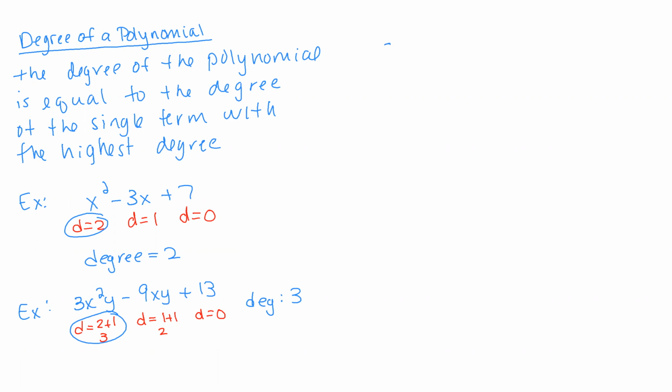So again, let's look at another example with lots of variables. So let's say we have negative 5x to the third y squared plus 7x squared y squared minus 9xy squared plus 3xy minus 10. Okay. So if we look at the degree of each individual term, for this first term, negative 5x to the third y squared, we would have a degree of 3 plus 2, or 5.